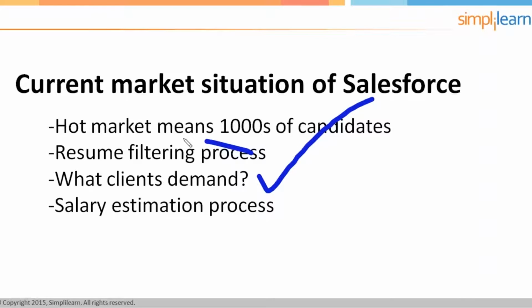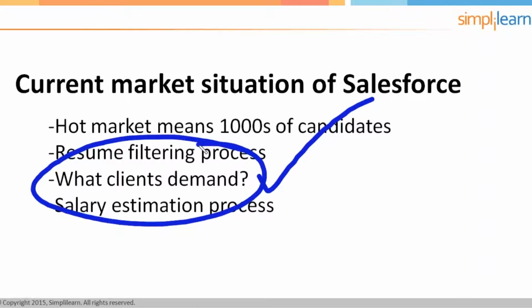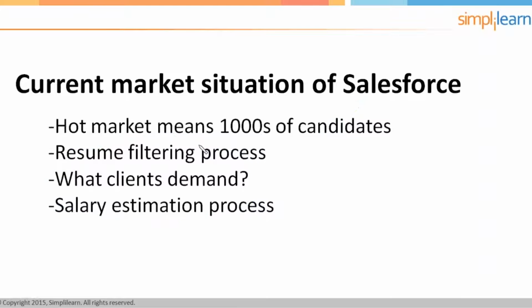And finally, for those people who are certified in Salesforce, their salary estimation will also depend on that. For example, if you are a Salesforce certified person, then you can expect some fantastic numbers in terms of your salary, about which I will be speaking in a very short time.